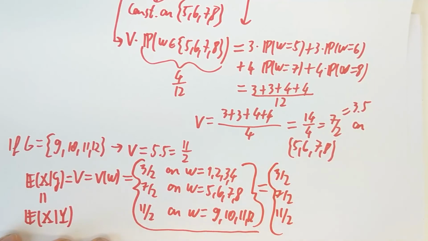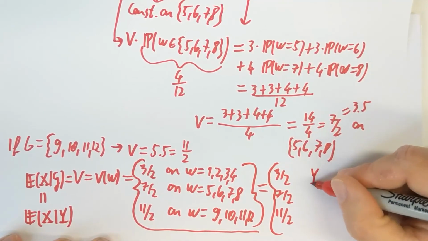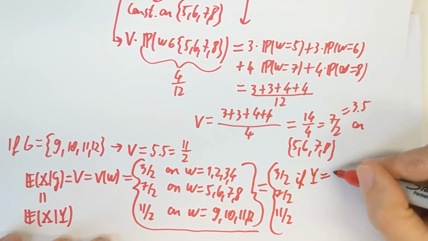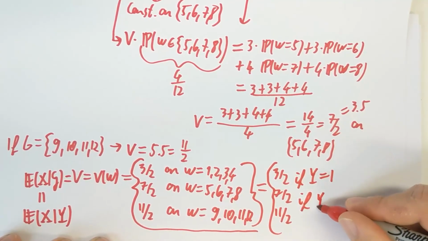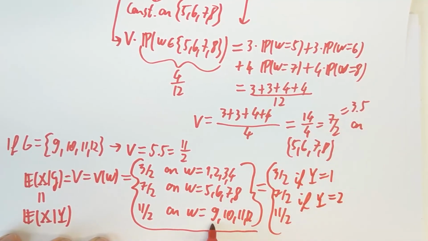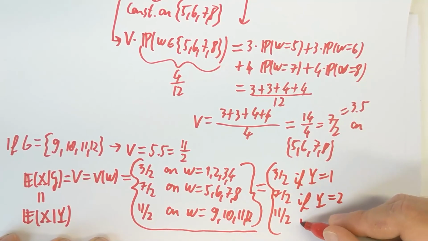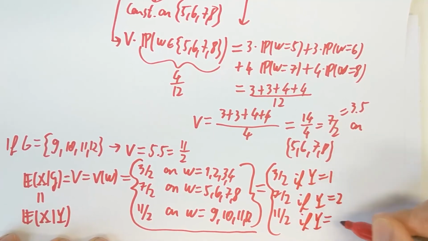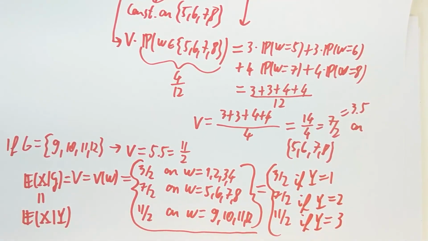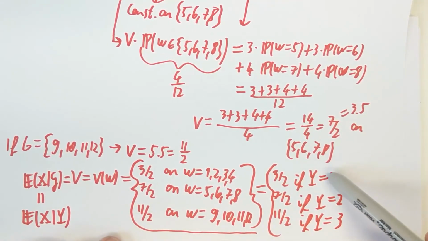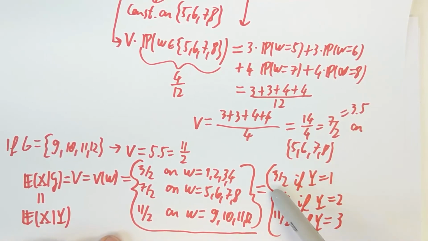On omega equals 1, 2, 3, 4 means on Y equals 1. Omega equals 5, 6, 7, 8 means Y equals 2. Omega equals 9, 10, 11, 12 means Y equals 3. So now we can really see that this is a function of Y. If Y is 1, then it's 3/2. If Y is 2, then it's 7/2. If Y is 3, then it's 11/2.